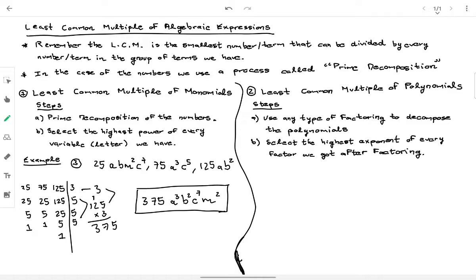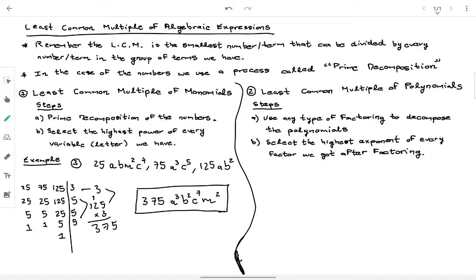So let's check out now how to do the least common multiple of polynomials. In the case of polynomials, it says on the steps, we will use any type of factoring to decompose the polynomials, and then we will select the highest exponent of every factor. Remember, a factor is something between parentheses.